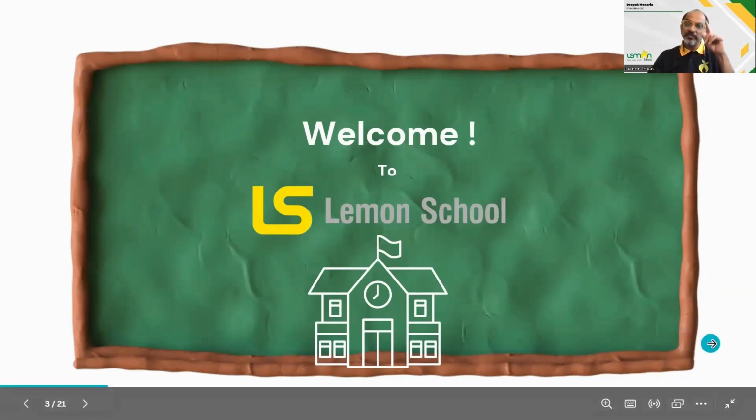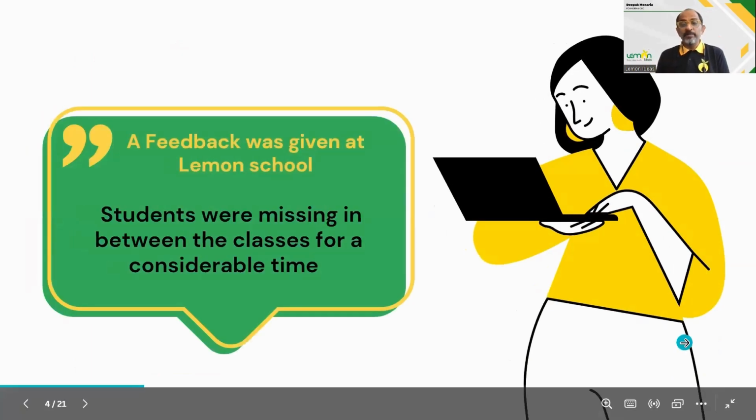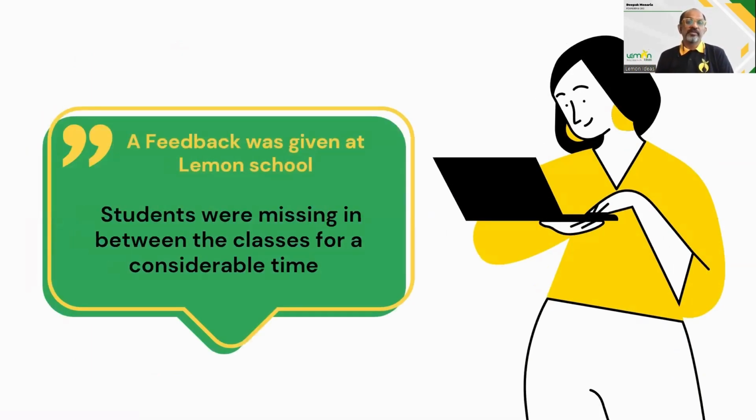And during one of such feedbacks, one feedback that came to the school management was this, where students were missing in between classes for a considerable time. So there was a pattern which was there, and teachers noticed this pattern, and students also somewhere realized that in between the classes they were losing some time.